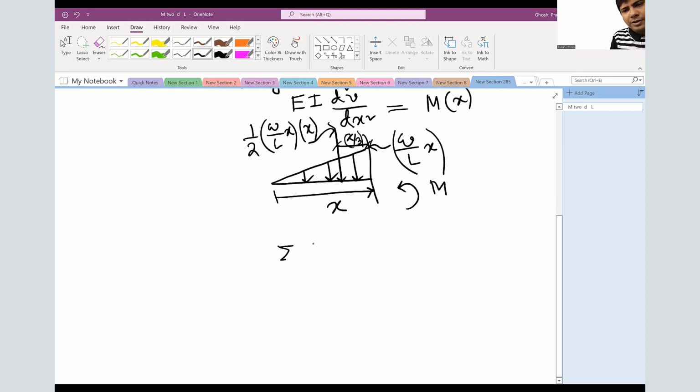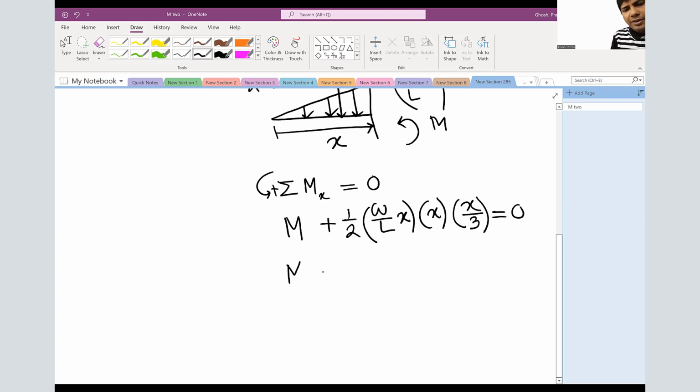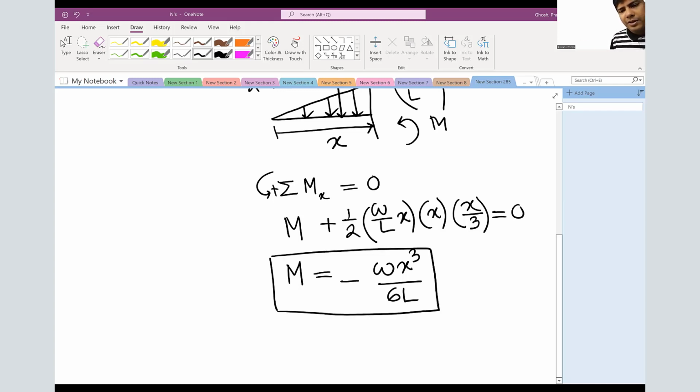Summation of moment at the cut section is 0. Taking M counterclockwise positive, half W over L x times x, and the distance is x over 3, which is creating a counterclockwise moment. So we obtain M equal to negative W x cubed over 6L. That's a very important parameter because we are going to apply it in the elastic curve equation.